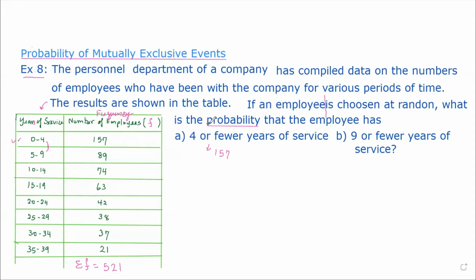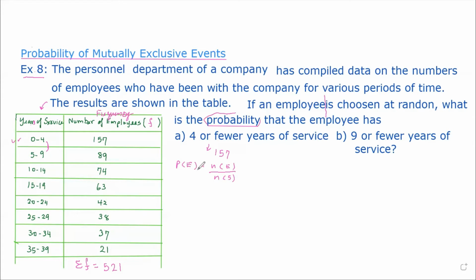But the question wants us to find the probability. You just use the formula we learned before: P of E equals NE over NS.